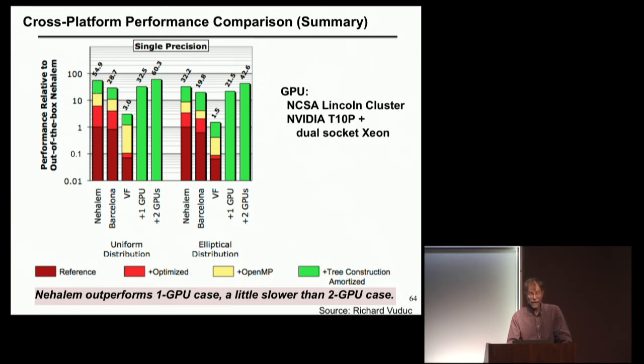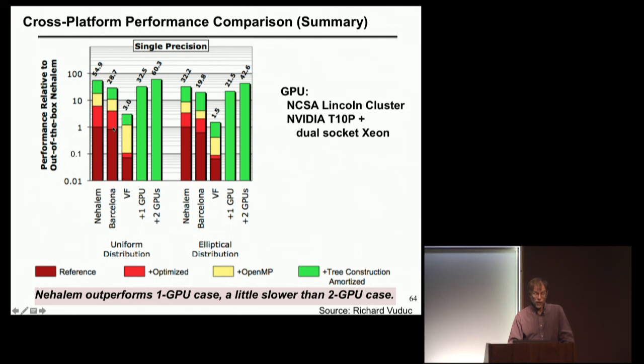And then if I say, let me ignore everything except the time building the tree, all of that stuff, and I'm just going to say how much faster does evaluating the force go, it's a factor of 55 times faster. So why do I distinguish this and this? If you only wanted to compute the forces once, this would be your speed up. But if you want to compute the forces many, many times from many different other particles, then the top of the green line is better. So there are different use cases.